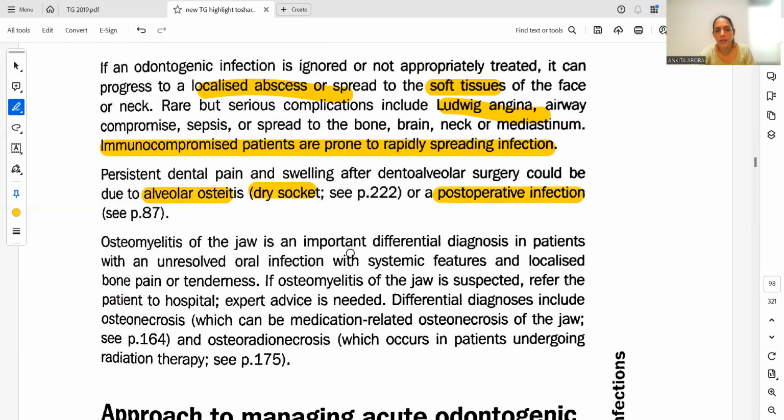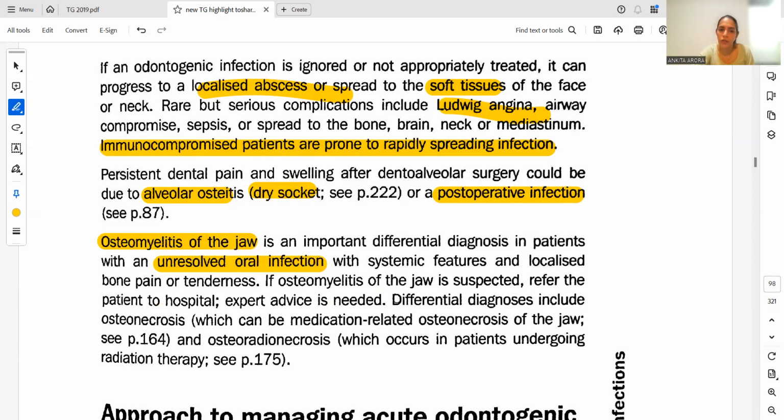Osteomyelitis of the jaw is an important differential diagnosis in patients with an unresolved oral infection. So if it proceeds further, a post-operative infection or alveolar osteitis, an unresolved oral infection, can deepen into the bone and create osteomyelitis, and it will have systemic features and localized bone pain or tenderness.